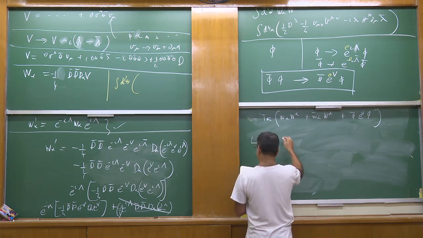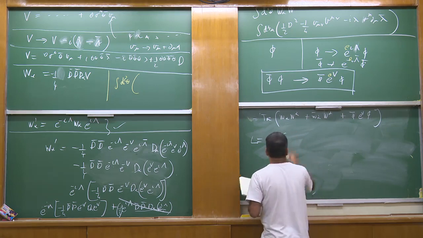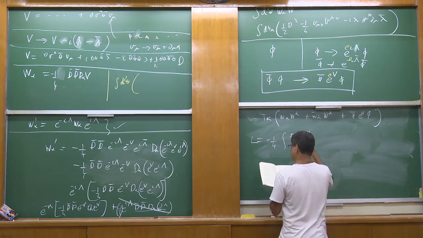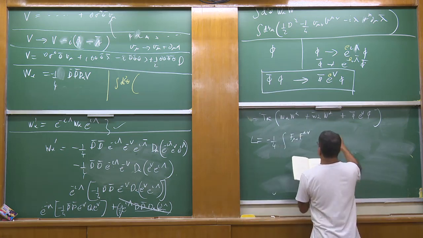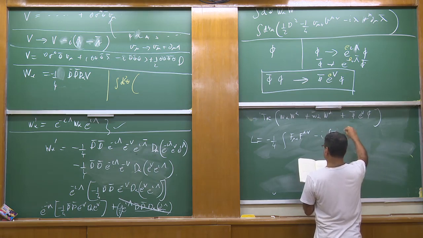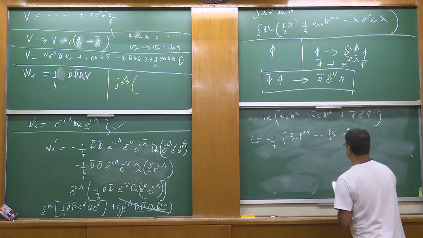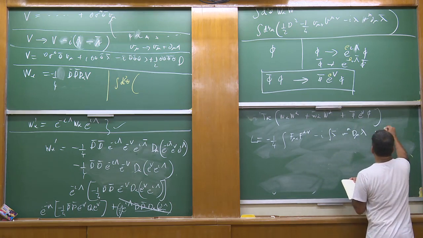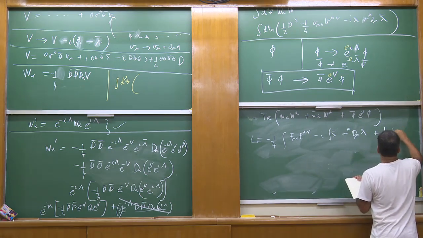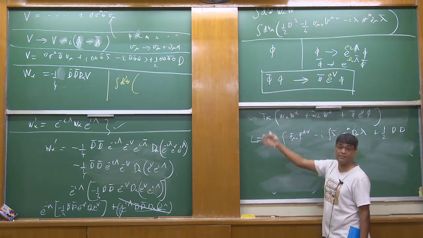So first we get this, which is... now, let us allow for the possibility that there are many different gauge fields.